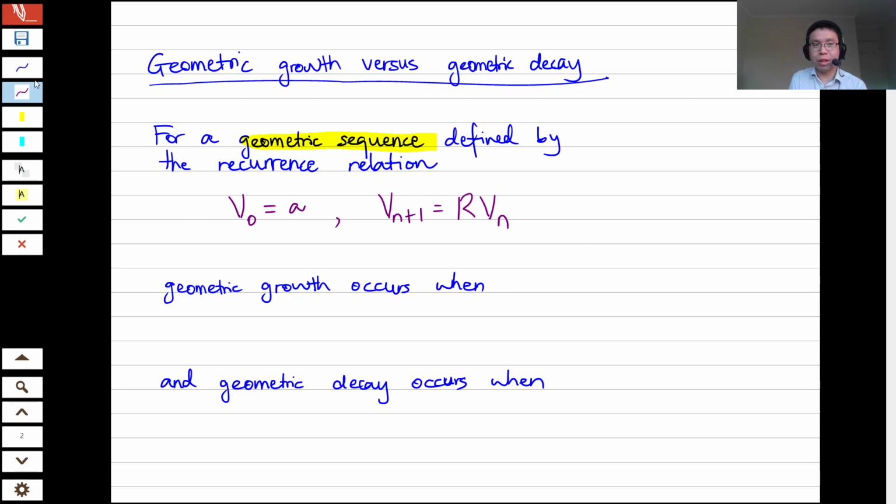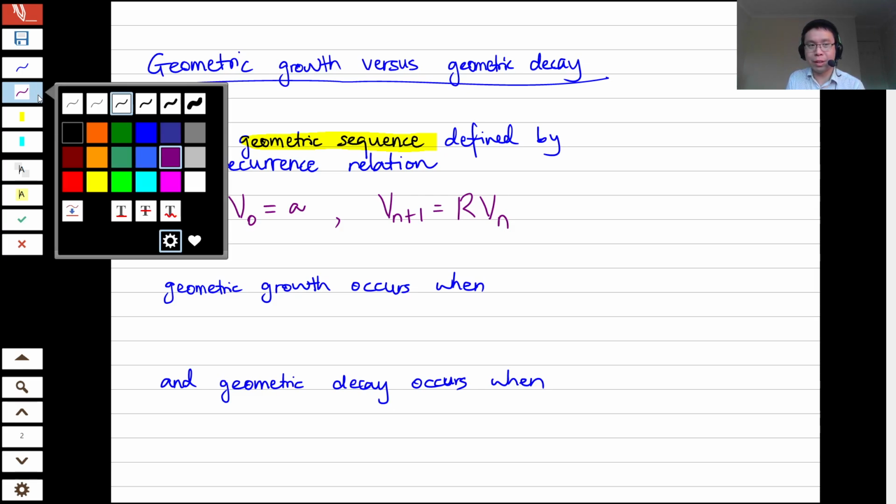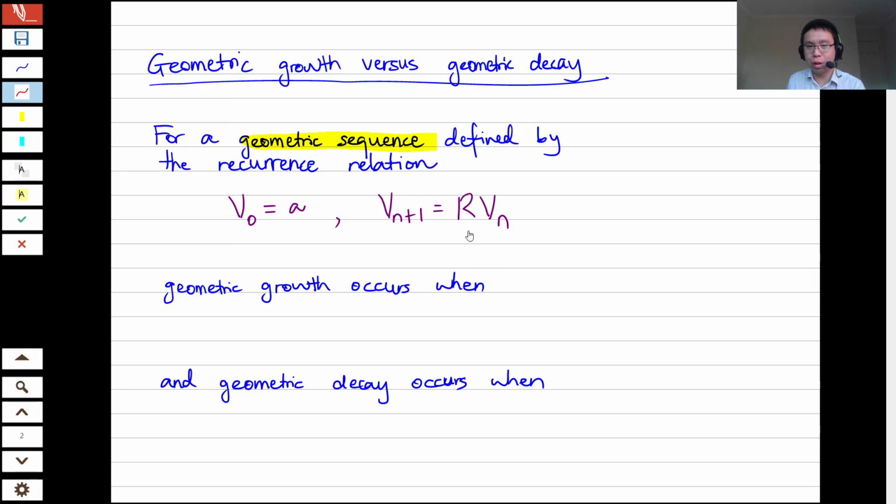And the characteristic of a geometric sequence is that the next number is found using multiplication. Furthermore, we multiply by the same number, which we call capital R, the common ratio. And A is just the starting term, or the initial term.